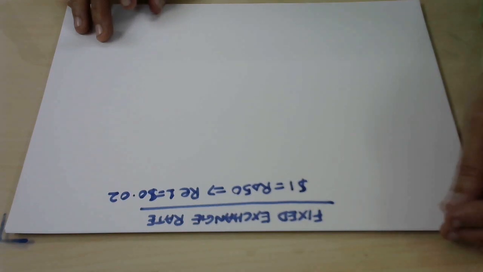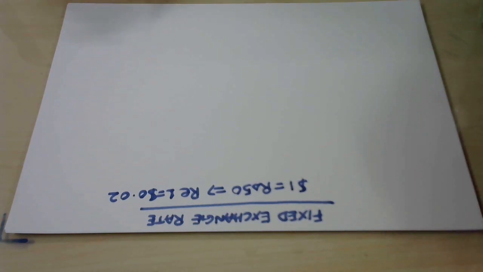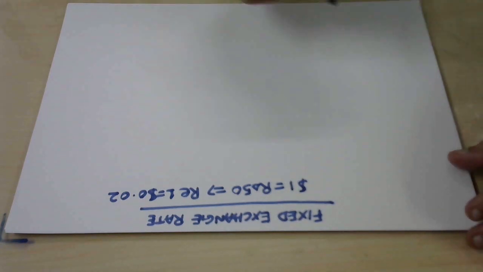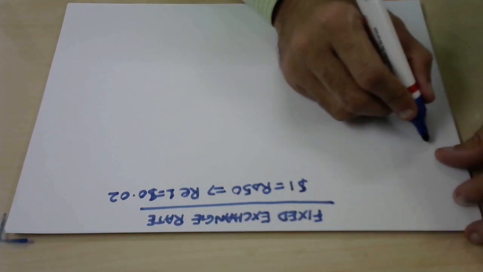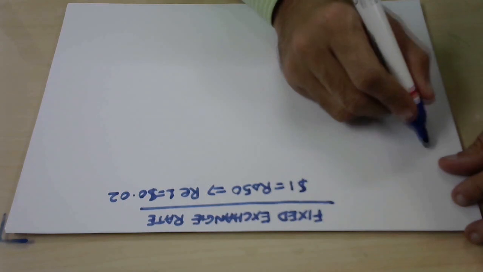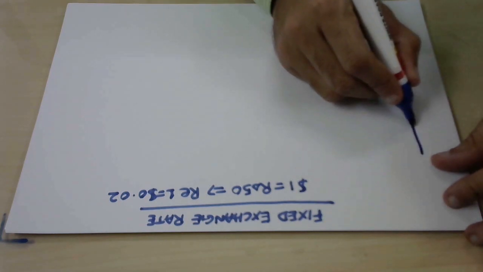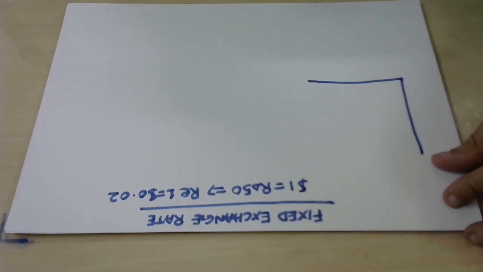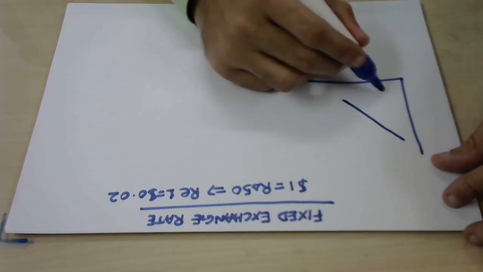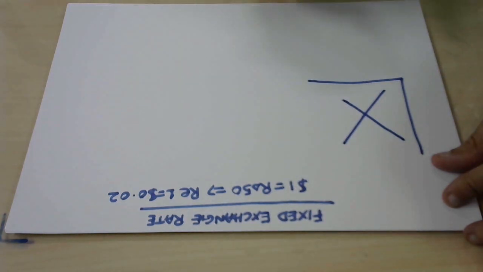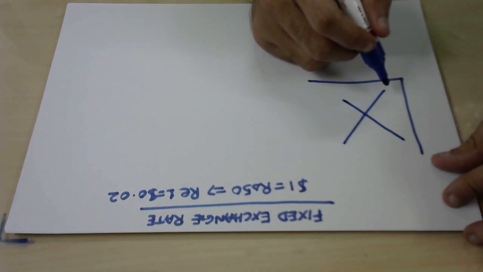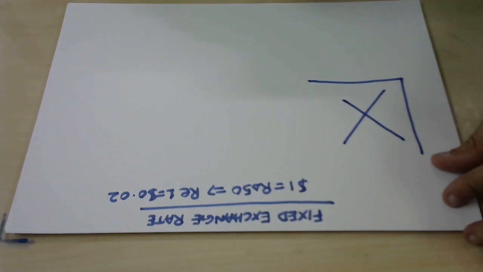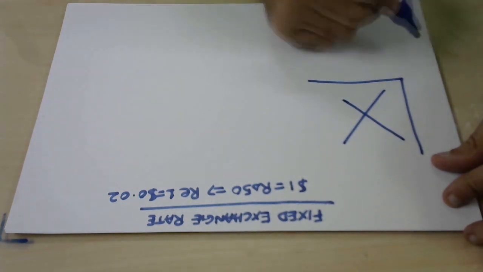So if this is the scenario we are beginning with, and for some reason the demand for and supply of the domestic currency in the foreign exchange market is such that the exchange rate is not at $1 equal to 50 rupees.